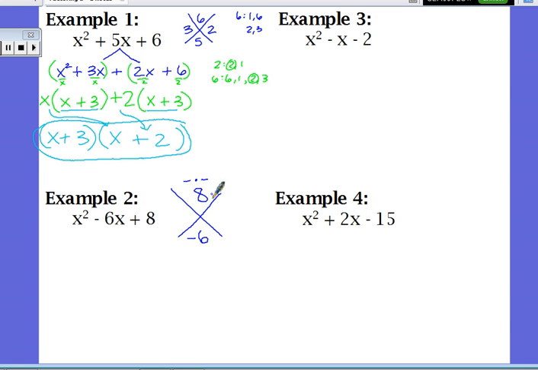So then I'm going to list my factors of 8, which are 1 and 8, 2 and 4. I make both of them negative and then add them together in the calculator to see if I get a -6. So -1 plus -8 is not -6. -2 plus -4 is -6.